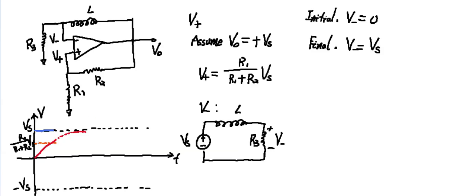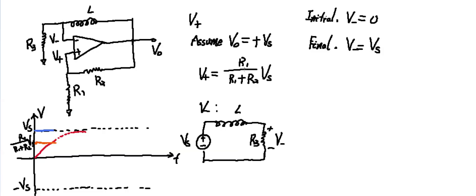Okay, so now we have the voltage for V plus, which is the orange line. We have the voltage for V minus, which is represented by the red line. We notice that there is a point where V plus and V minus cross each other.